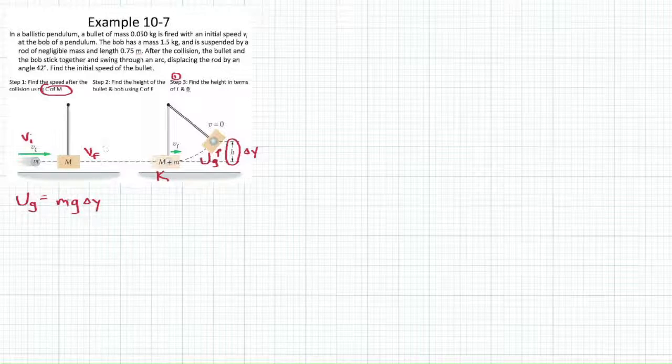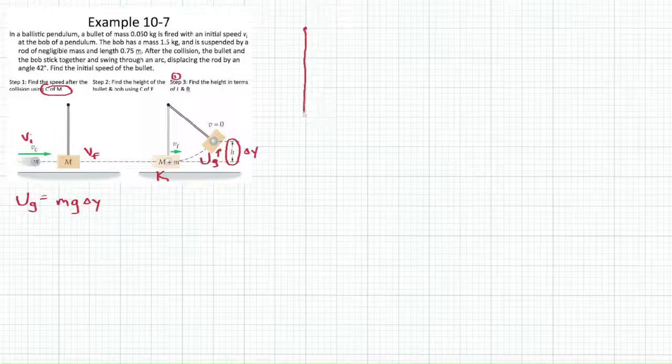So we know the mass of the bullet, and we know the mass of the bob. We don't know this height right here. We don't know delta y, or what's called h. So let's go about solving that. So let's draw our pendulum bob right here.